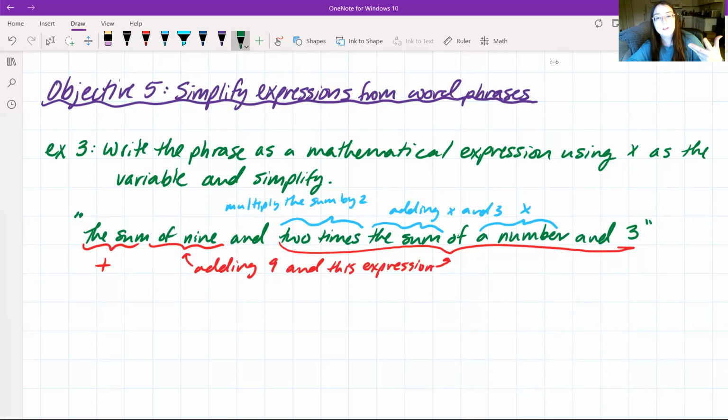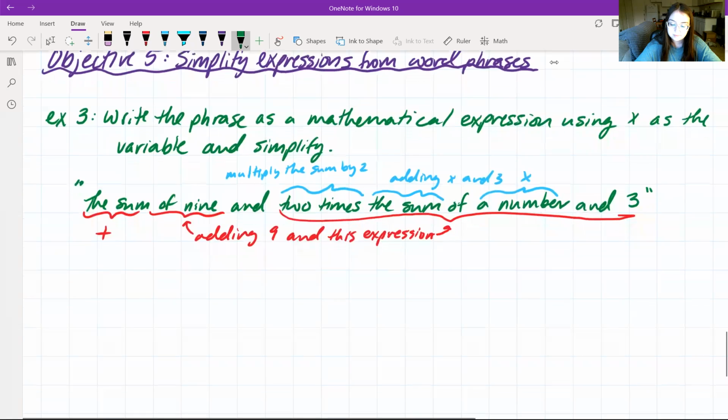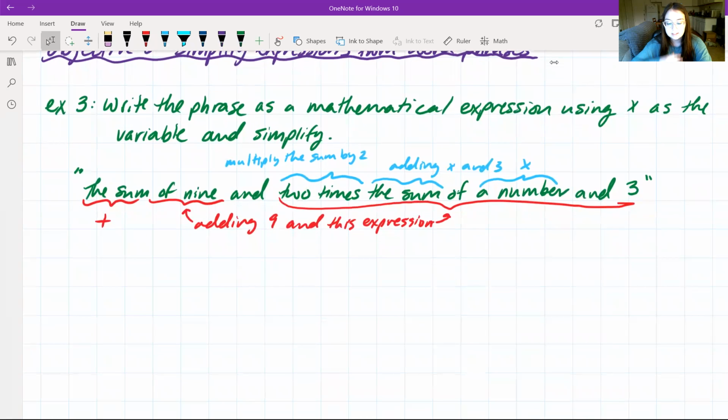So all right, quite a few things going on here. But let's go ahead and start forming this. So we have the sum of 9 and something else. So we can start our expression by writing 9 plus whatever is left. Then we know that the rest of this expression is going to be 2 times another sum.